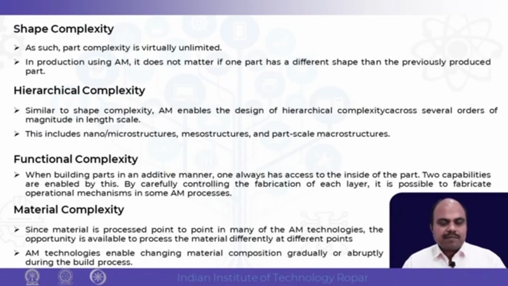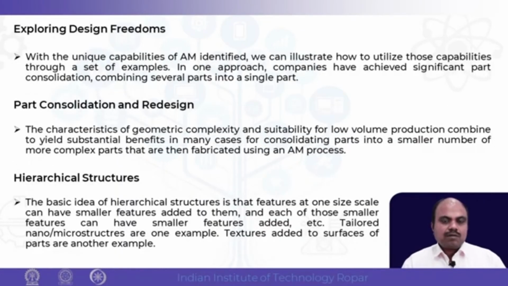So another thing is the shape complexity we can have. All these things are possible using the additive manufacturing process. Hierarchical complexity we can have, that is in terms of hierarchy. We can make material hierarchy. Functional complexity, material complexity, all these things are now possible in additive manufacturing. So now designers will have the possibility of exploring design freedom.